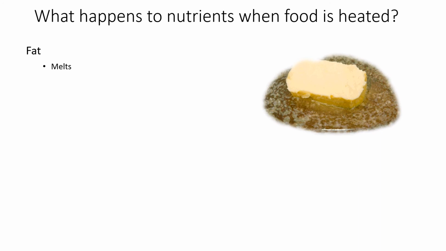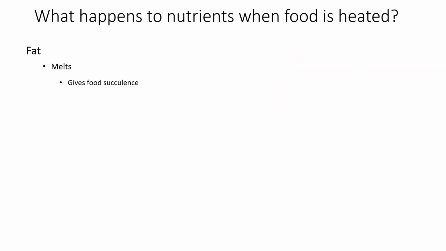But other things that happen, the fat gives a sensation of succulence in the food, the melted fat. When you think about eating a piece of bread, for example, it's quite dry, but when you put some butter on it, it gives this impression of moisture. Now, it's not truly moisture, it's what's called succulence. It feels like moisture. Similarly, in some cuts of meat, if you eat, say, a ribeye steak with lots of marbling in it, it's going to have a nicer, more moist mouthfeel.